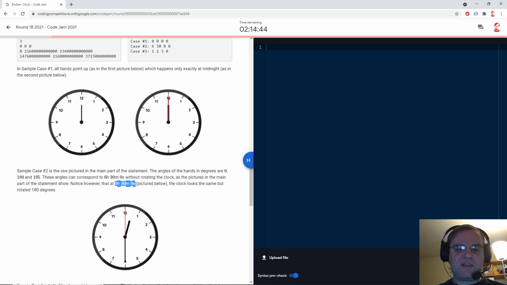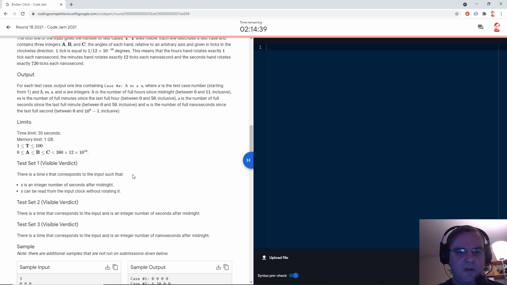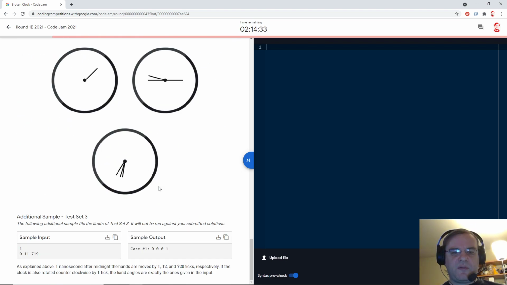Oh, okay. They explicitly tell us that these look the same, so that's fine. And test set 1 does not involve rotation.